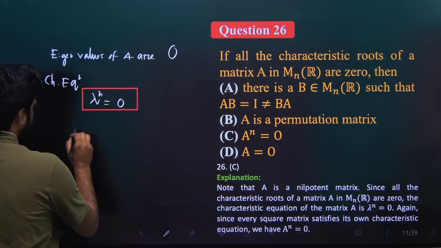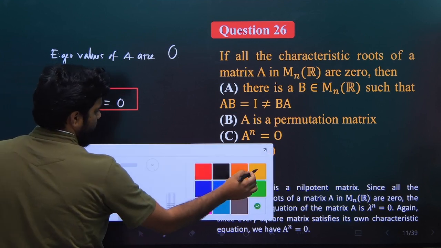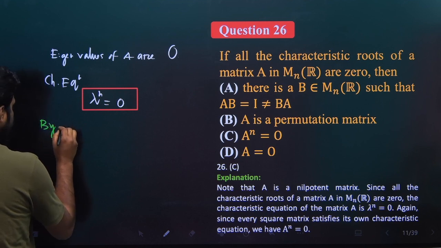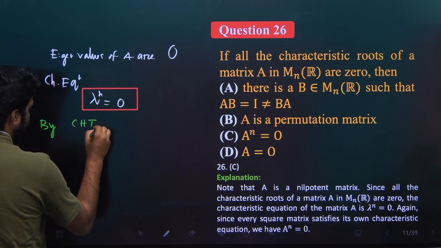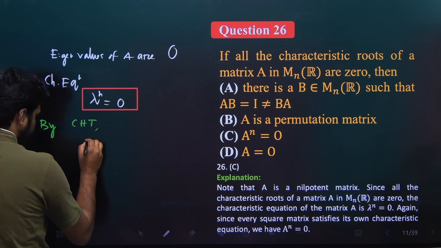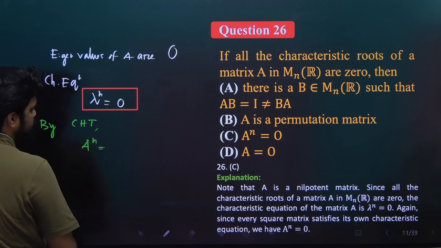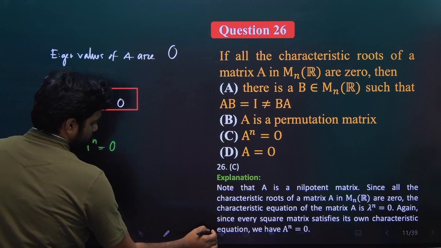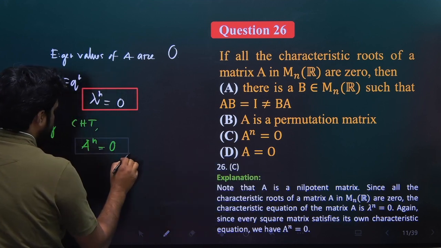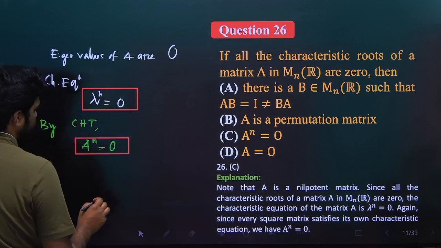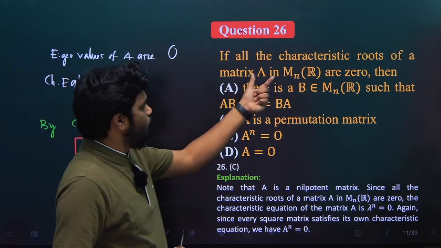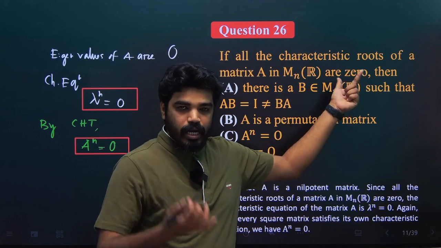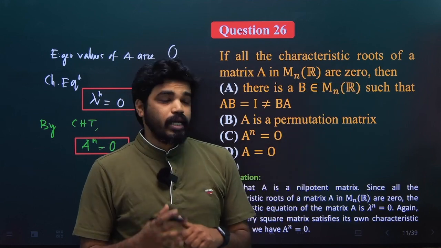Okay? So we know that every square matrix satisfies its own characteristic equation. So by the Cayley-Hamilton theorem, what can we write? Every square matrix satisfies its own characteristic equation. That means A to the power n is equal to 0. So we get a nilpotent matrix. You can say directly, because it is given that all the eigenvalues of the matrix A are 0, the matrix must be a nilpotent matrix.